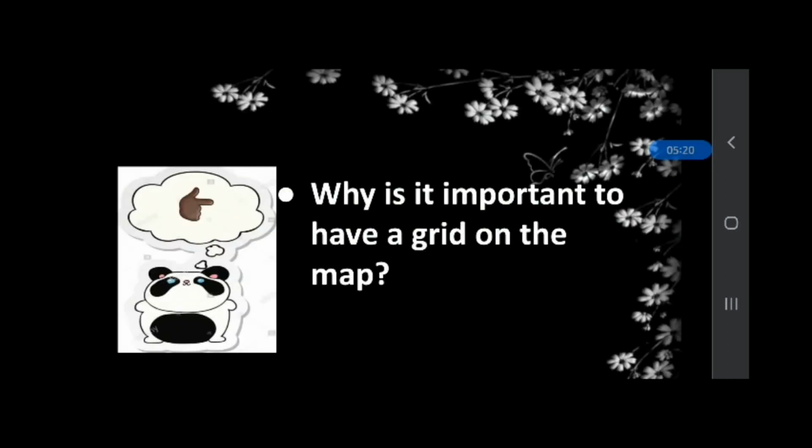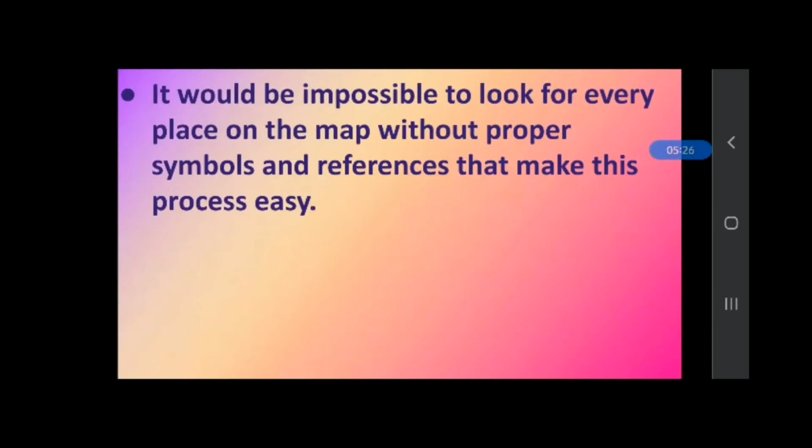Now answer this question. Why is it important to have a grid on the map? So it is important to have a grid on the map because grids make it easy to locate a place on the map. What is the use of grids? How grids help us? Grids make it easy to locate a place on the map. We can find the location of a place easily with the help of the grid.